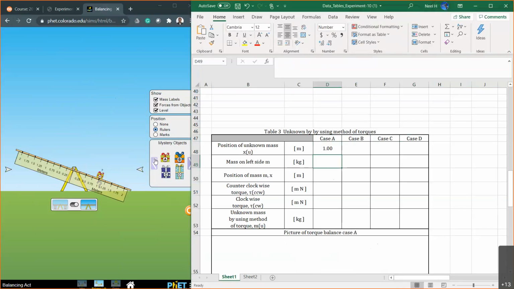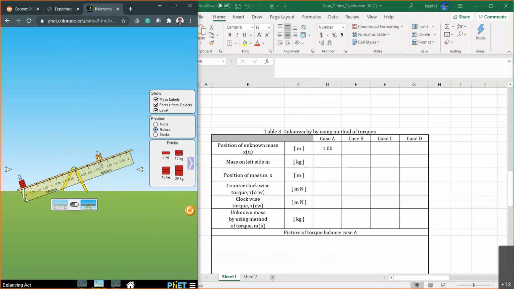So let's bring the 20 kilogram and try to place it on the other side. If I place it at 2 meters, too much leftward torque. If I place it at 0.25, too little torque on the left hand side, which means in between I should be able to find the location.